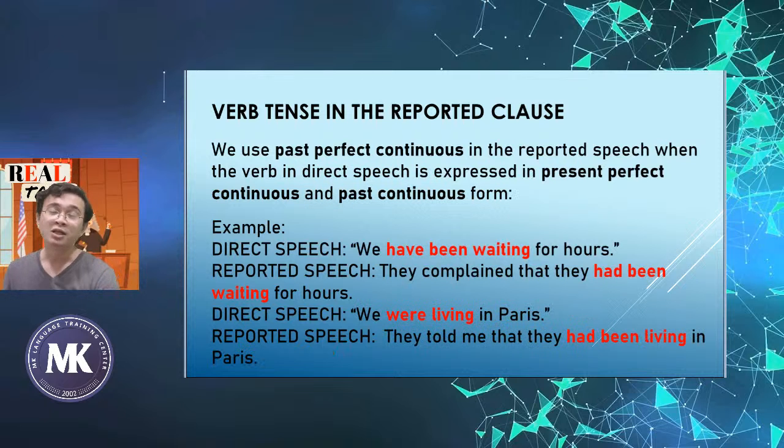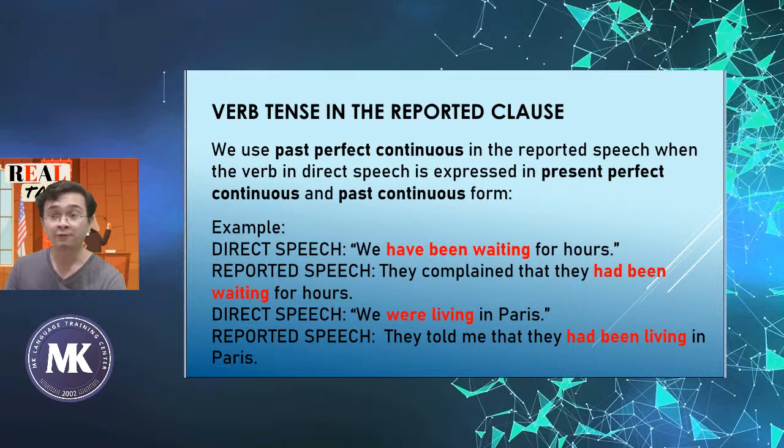Next one, we use past perfect continuous in the reported speech when the verb in direct speech is expressed in present perfect continuous and past continuous form. This time, we use past perfect continuous whenever the verbs in our direct speech are expressed in both present perfect continuous and past continuous.